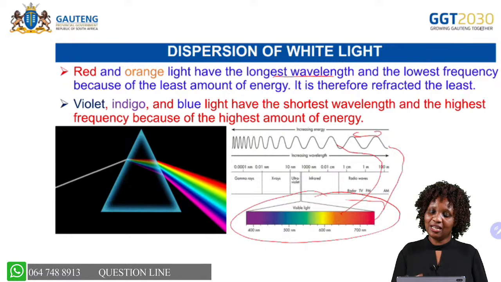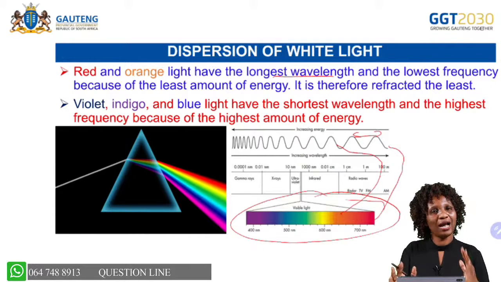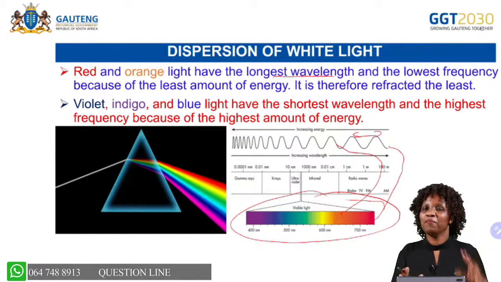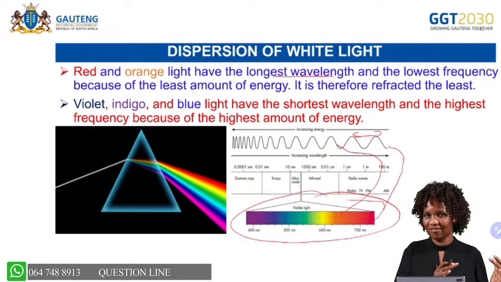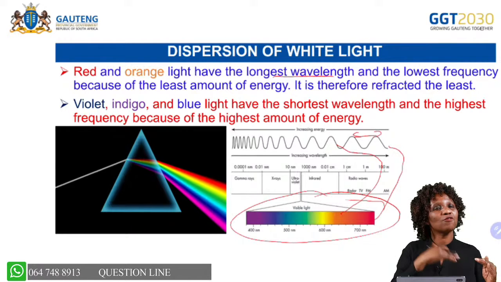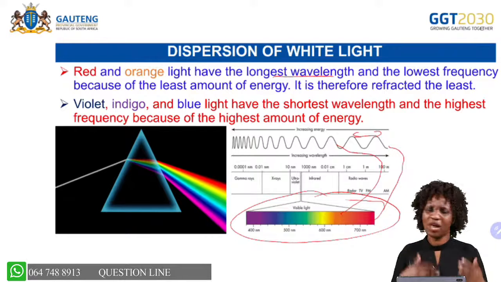And then the red and the orange have got a longer wavelength compared to other colors. For example, violet and indigo, they've got the shortest wavelength. Therefore, if they have the shortest wavelength, they've got a high frequency. Why am I saying high frequency?